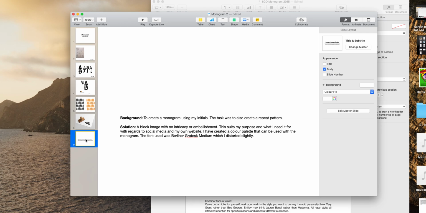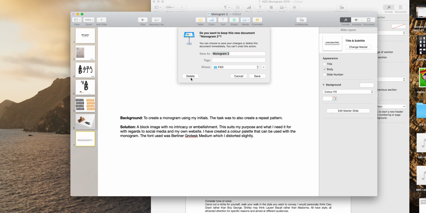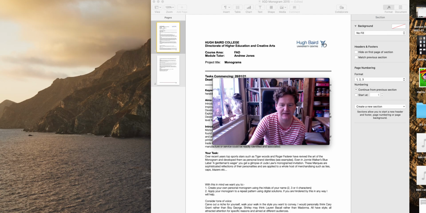You pay for it and it doesn't even do it for you. I have created a colour palette that can be used with the monogram. The font used was Berliner Grotesque medium, which I distorted ever so slightly. Again, this presentation is called Andy Jones Draws, and it's in the files.